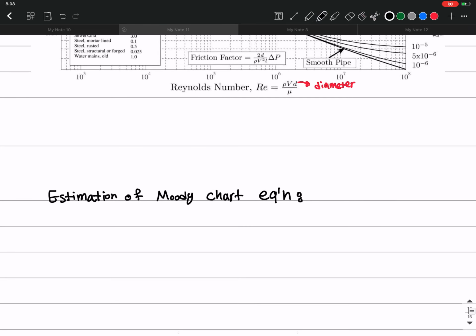So you can either use that, or you can just use this estimation, which is known as 1 over square root of f equals minus 1.8 logarithm of (epsilon over D over 3.7) to the power 1.11 plus 6.9 over Reynolds number.